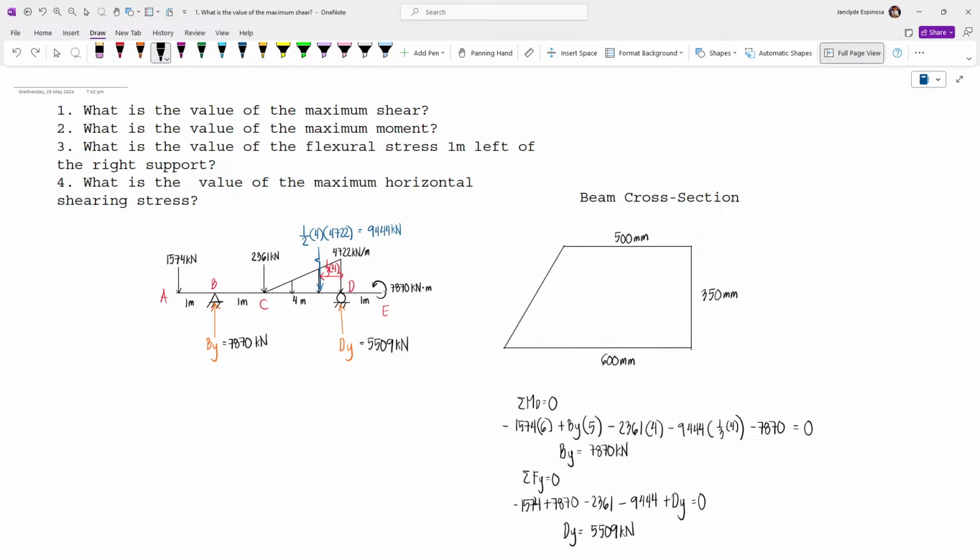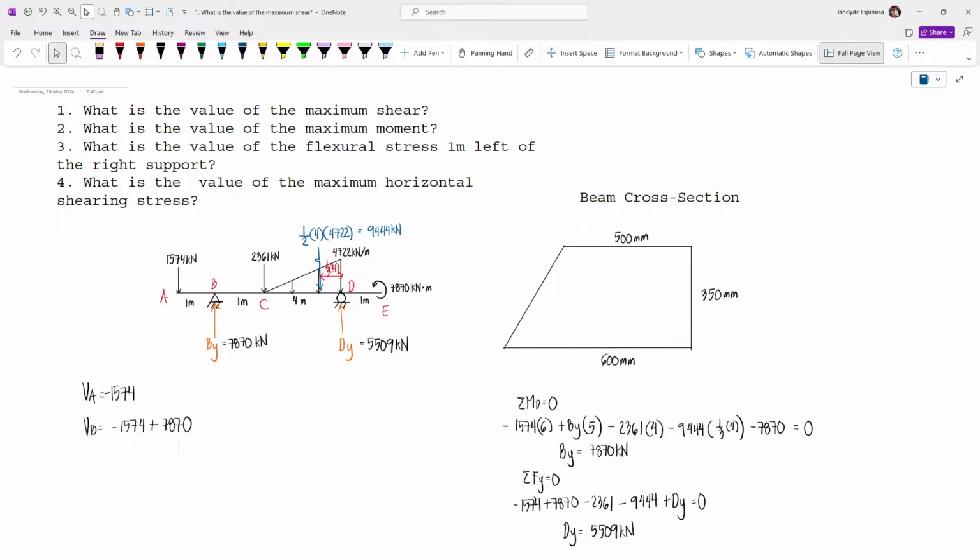So let's get the shear at A. The shear at A is 1574. Now, the shear at B. By the way, for sign convention, let's use minus since this is downward. The shear at B will be minus 1574 plus 7870.